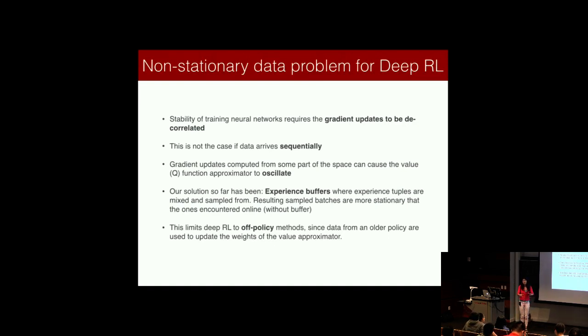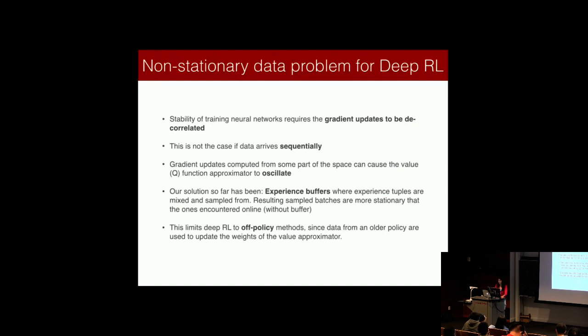The sampled mini batches from this experience buffer will be more stationary, because some of them concern this place, some concern later where the agent went this way and this way. And this will stabilize training of, let's say, the Q function approximator, correct?